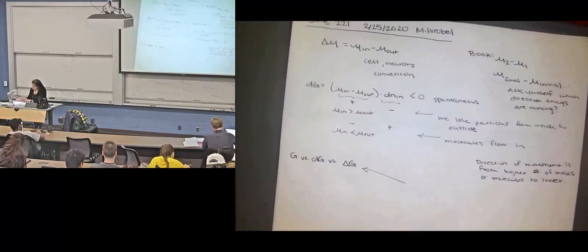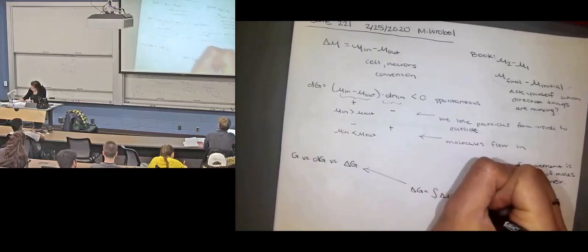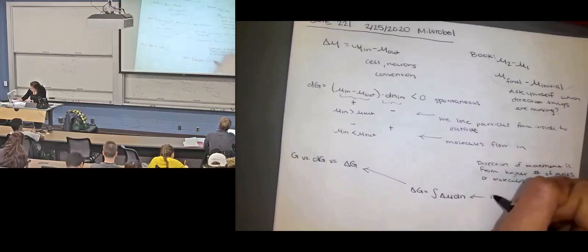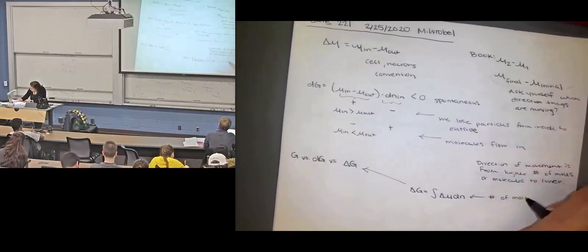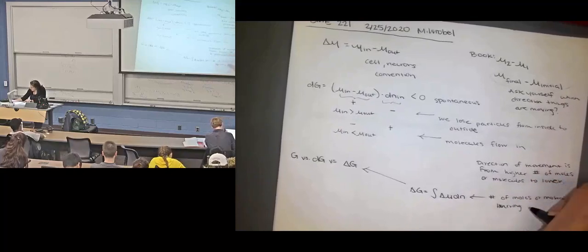If you're being asked for the change in free energy, delta G is equal to the integral of the difference in chemical potential times the number of moles or molecules moving between two states.